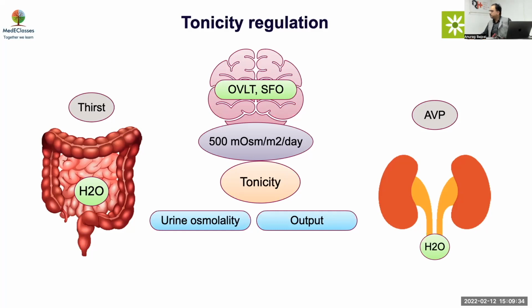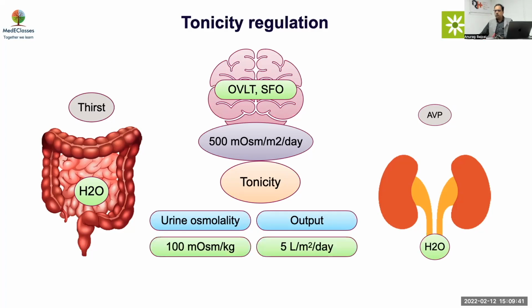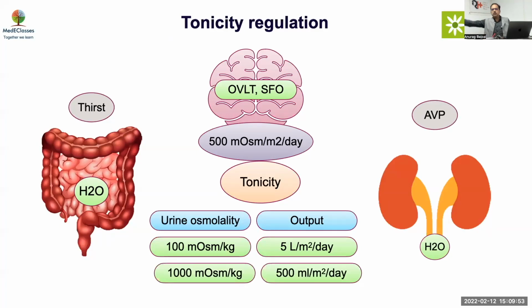If your urinary osmolarity is low, say only 100 milliosmoles per kg, you have a urine output of 5 liters per meter square per day. However, if you make it normal, you make it 1000. So there is a 10-time increase you can go up in terms of osmolarity. Then it becomes only 500 ml per meter square per day.